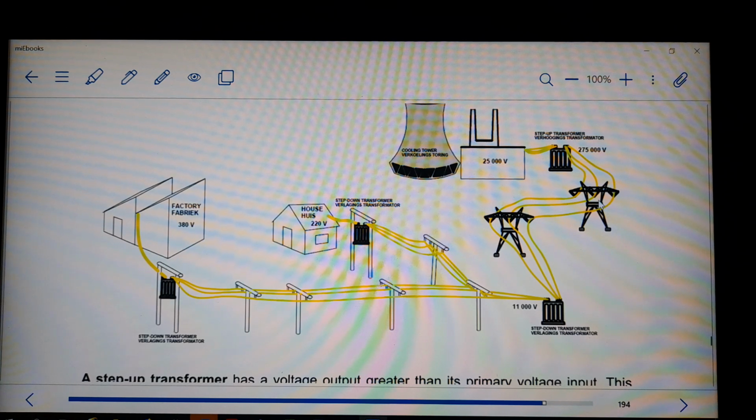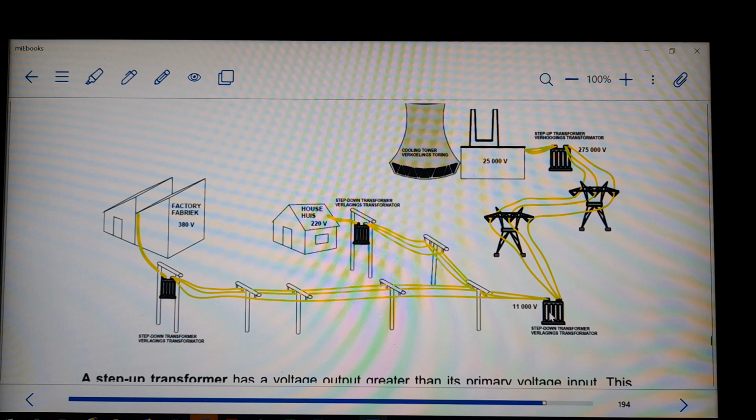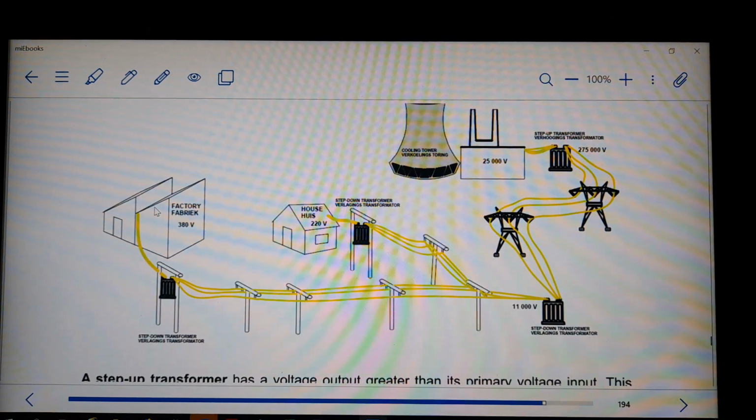Then we come to the transformer lines and we decrease the voltage, because this is a step-down transformer, before it goes down to the transmission lines that go to our houses and also the factories. From this transformer to the houses, we step it down again. If we go to the factories, we also step it down again.